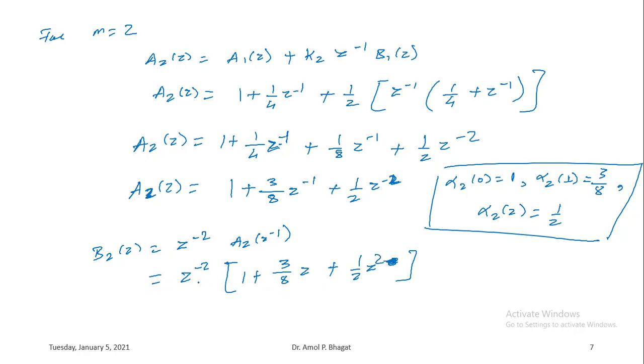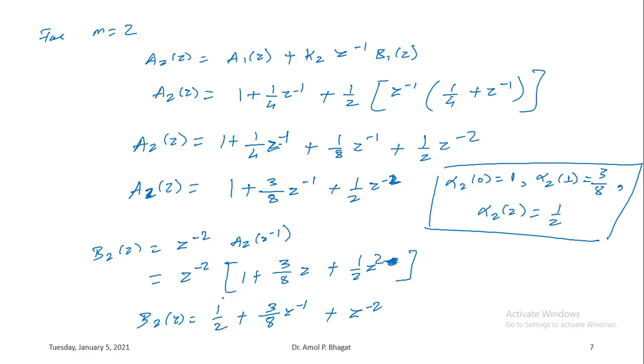If you multiply it with this z to the power minus 2, you have b2 of z. So this b2 of z will be simply 1 by 2, z square times z to the power minus 2 being 1, plus 3 by 8 z inverse, plus z to the power minus 2 multiplied by 1, which is z to the power minus 2.